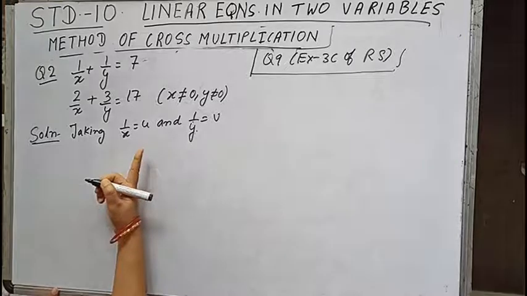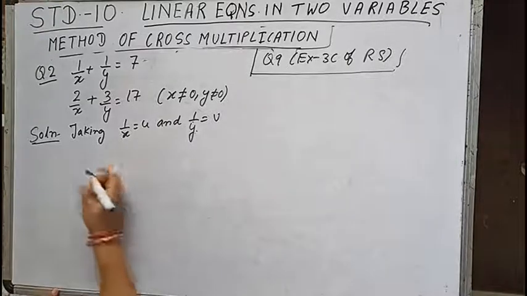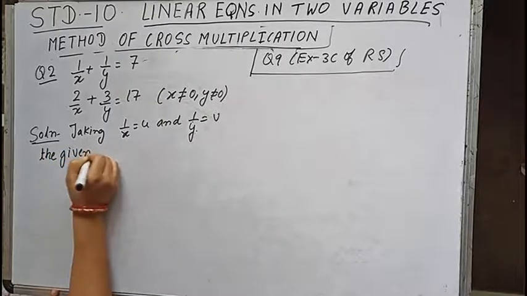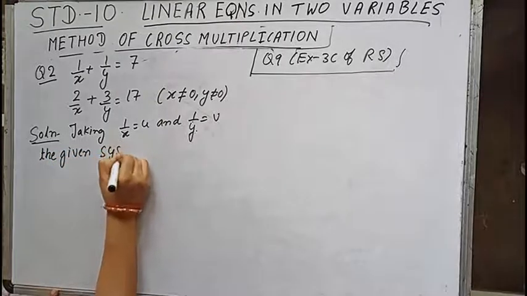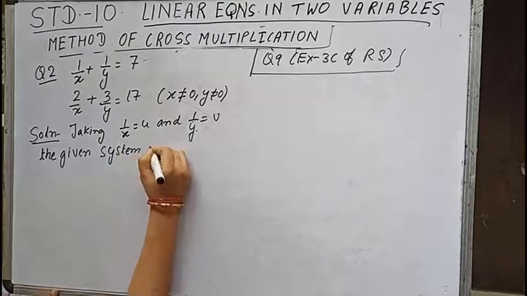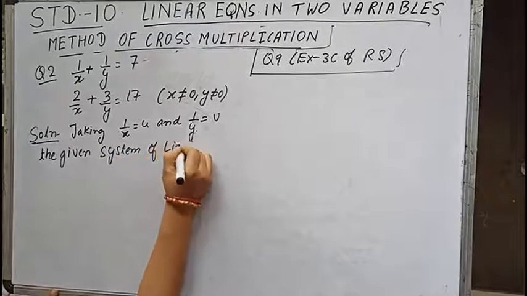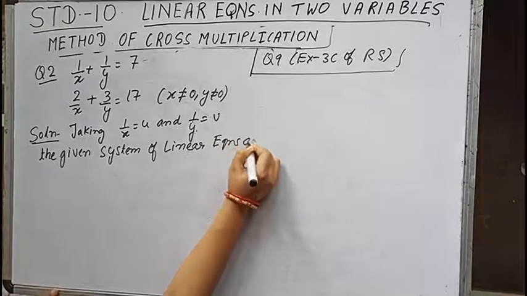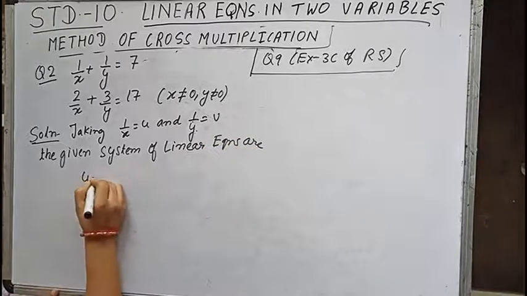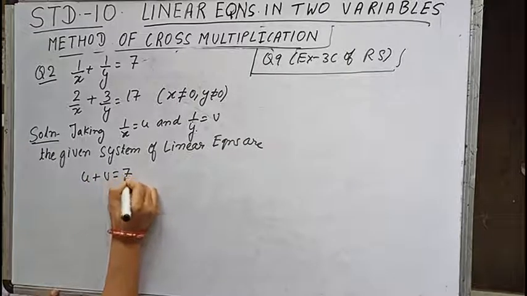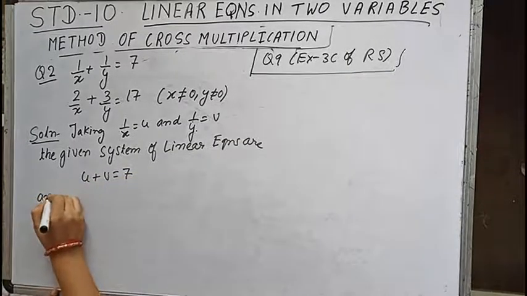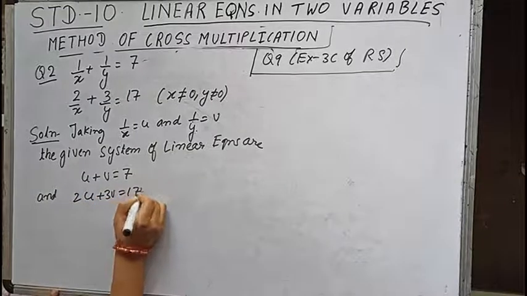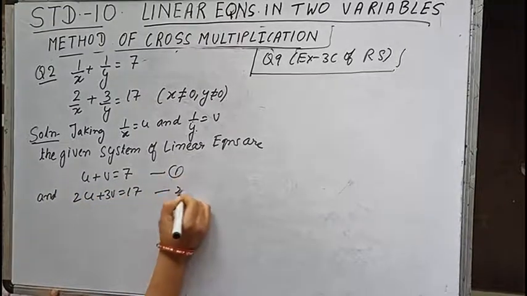Taking 1 by x equals to u and 1 by y equals to v, the given system of linear equations are u plus v equals to 7 and 2u plus 3v equals to 17. Make it 1, make it 2.